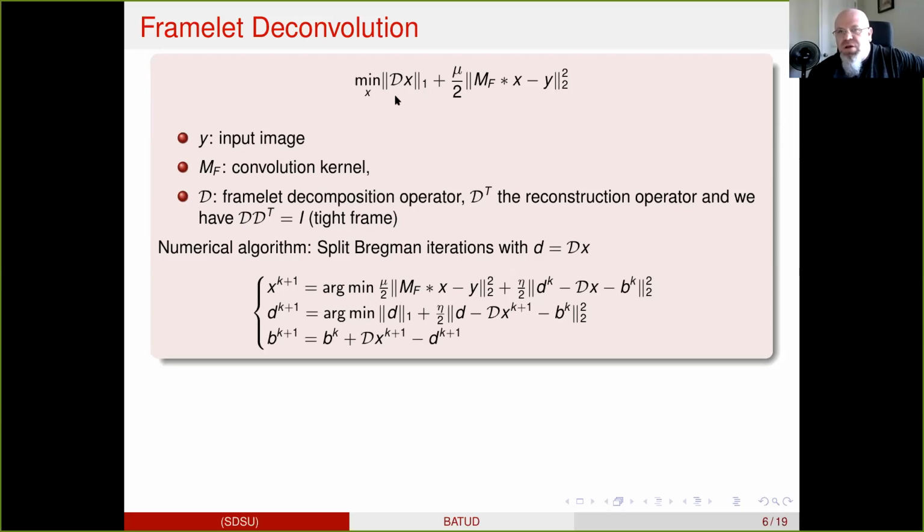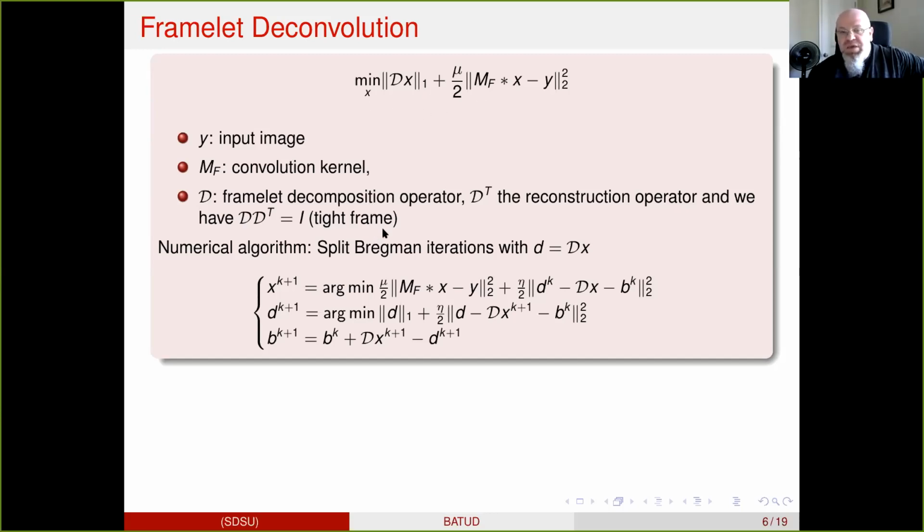So the regularization term was just using a sparsity within the Framelet domain, of the transform of X. And the nice thing with the Framelet is that it forms a tight frame, and that makes DD transpose equal to the identity. That is very useful when you want to minimize this equation with respect to X.